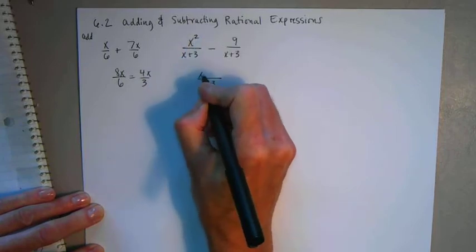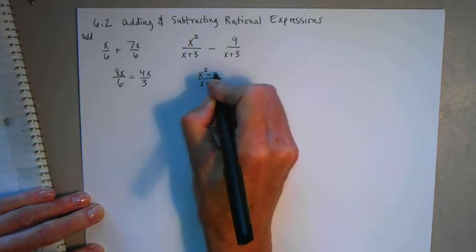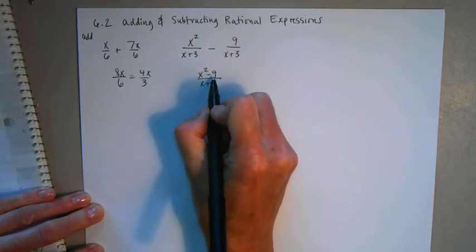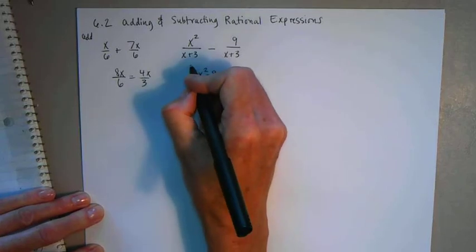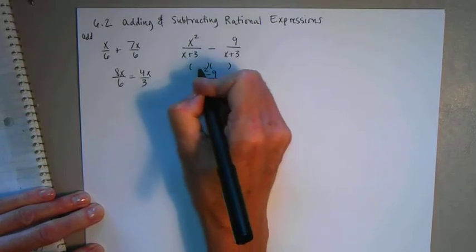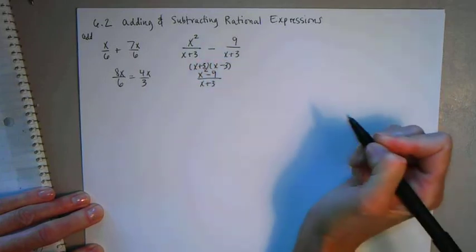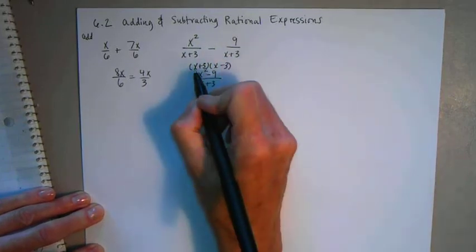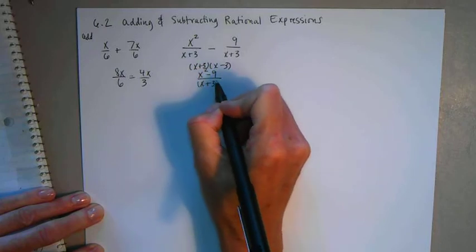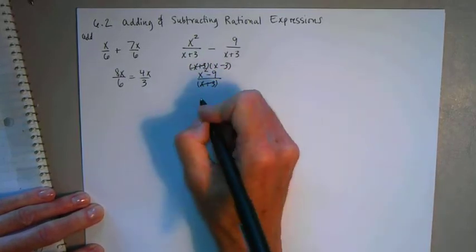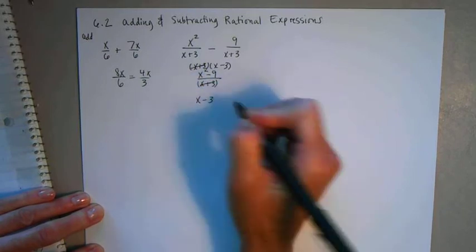So I get x squared subtract 9, which I see is a difference of two perfect squares. So that will factor, won't it? And it will factor to x plus 3 times x minus 3, over x plus 3. And then I have one term on the top and one term on the bottom, so I can reduce what they have in common. And my answer is x subtract 3.